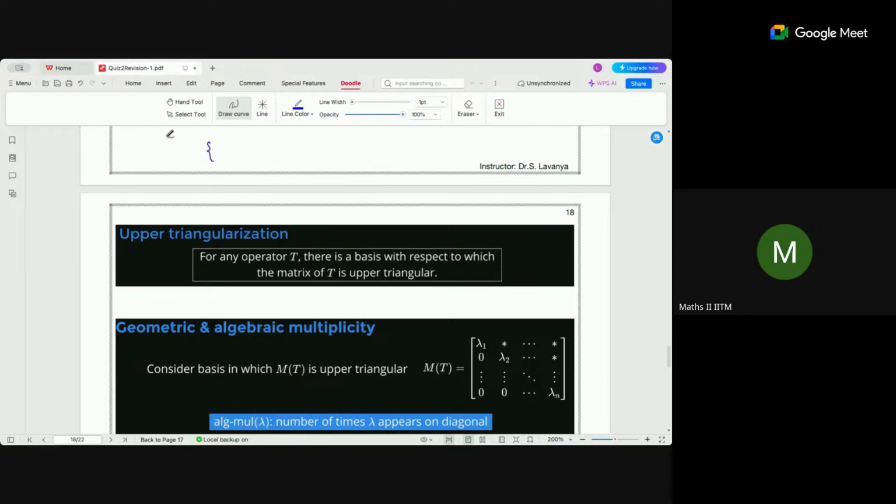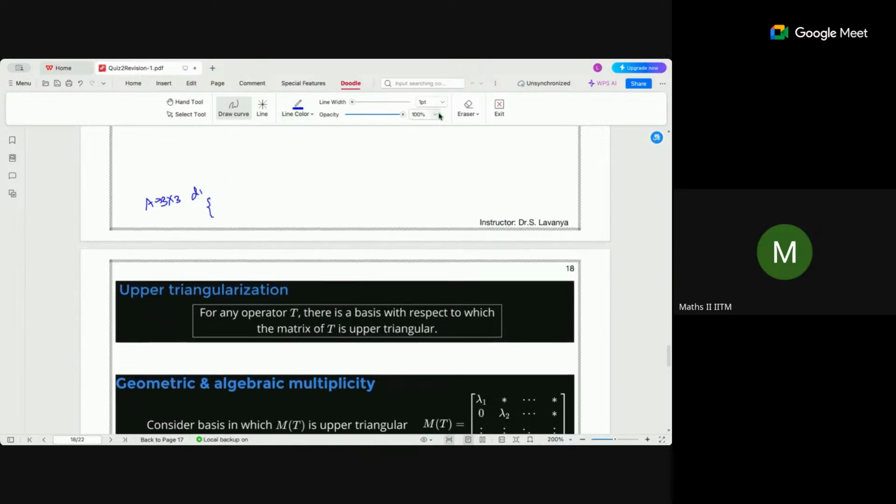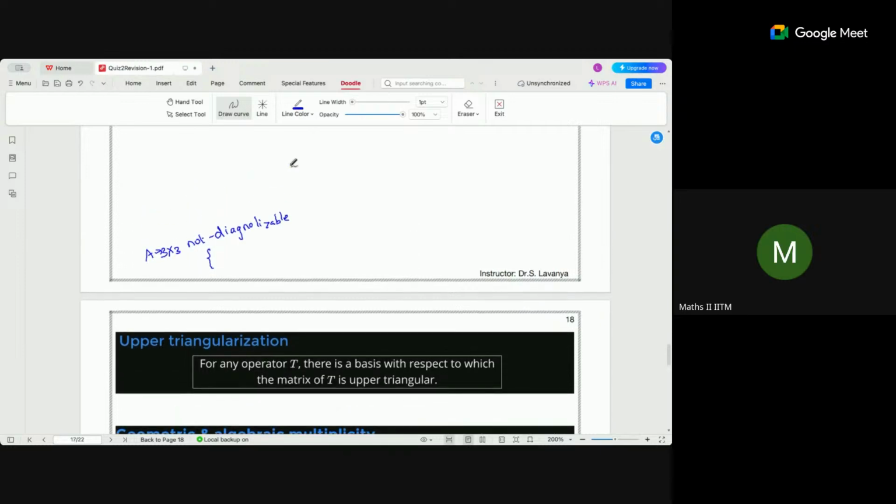Suppose you have a 3 by 3 matrix, and let us say it is not diagonalizable. For example, let us say the eigenvalues are lambda 1 equal to lambda 2 equal to 1 and lambda 3 equal to 3. Let us say the geometric multiplicity of lambda equal to 1 is 1.